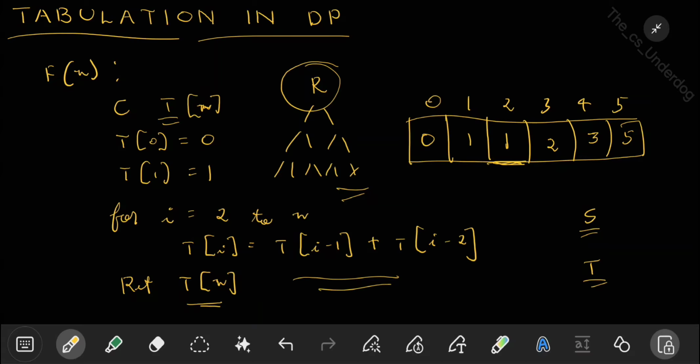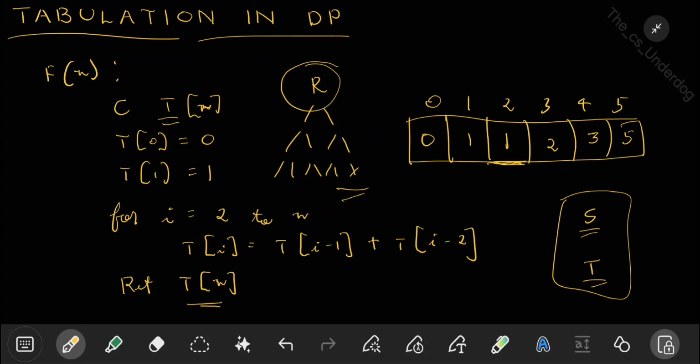Coming to the iterative algorithm, you have to think more about it and start solving the problem from the smallest one and slowly build it up till you reach the largest. So this is considerably tougher to write, but it is space and time efficient when you compare with memoization.